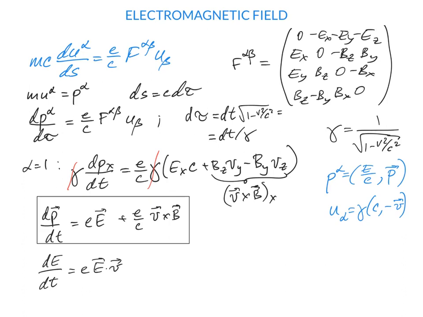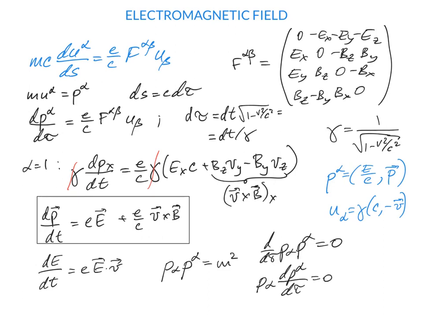It is quite obvious that the four components of the equation of motion are not independent, because we know that the contraction of p with itself is just m squared, which implies that d by d tau of p squared must be equal to 0, or in other words, p alpha dp alpha by d tau is 0.